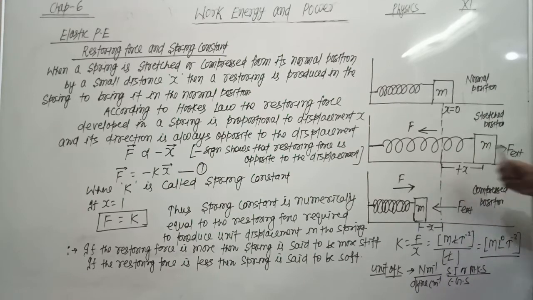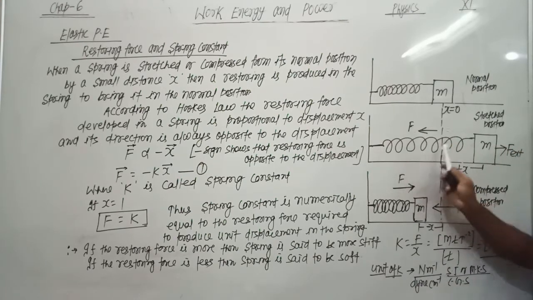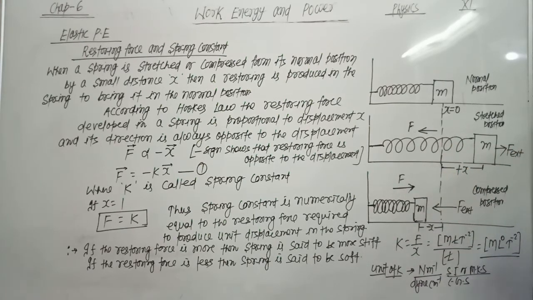When the spring is stretched, the external stretching force acts in the forward direction, and the restoring force developed in the spring acts in the backward direction. When the spring is compressed, the restoring force acts in the forward direction and the external force acts in the backward direction. Here displacement is positive x, here displacement is negative x.